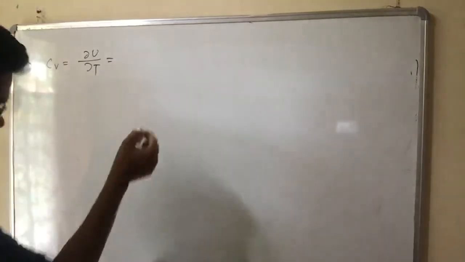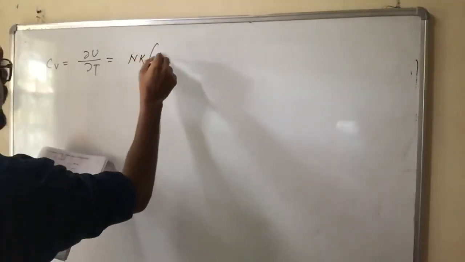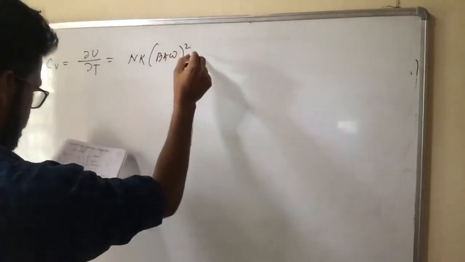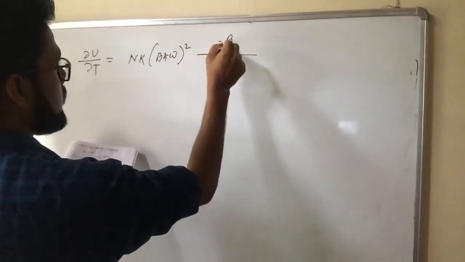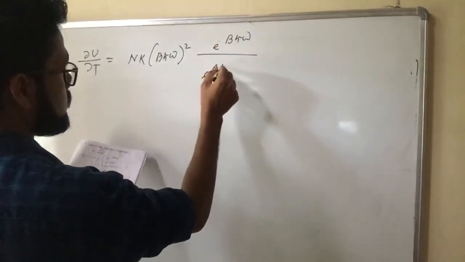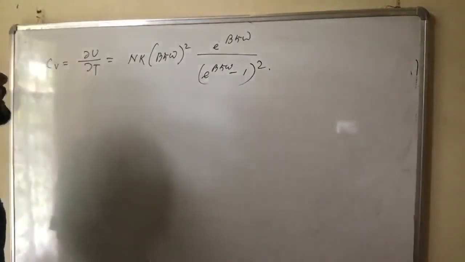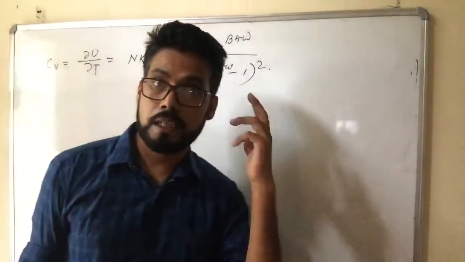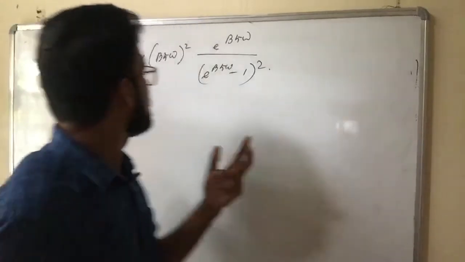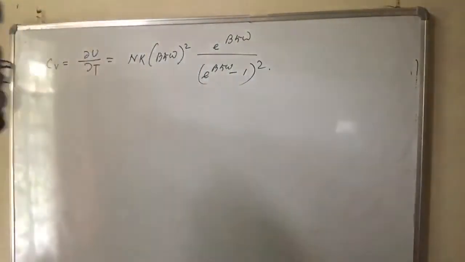I am not going to do the full CV calculation because of time constraints. Specific heat equals du by dt, which equals, if you do the calculation, nk times beta h cos omega squared, e to the power minus beta h cos omega, plus e to the power beta h cos omega minus 1 squared. Remember, this is the specific heat of n one-dimensional harmonic oscillators.